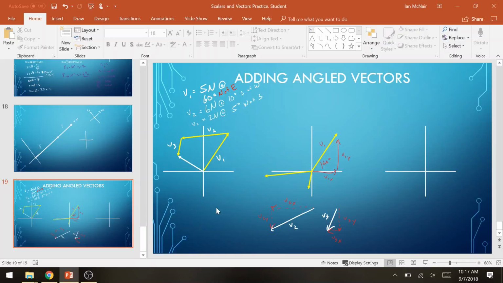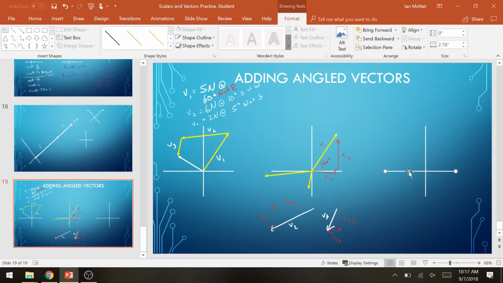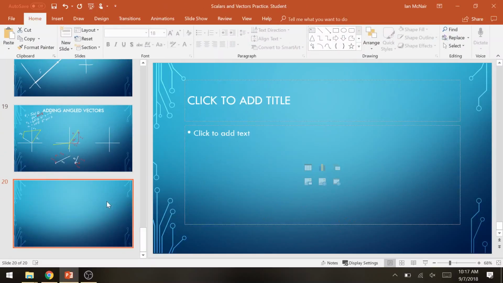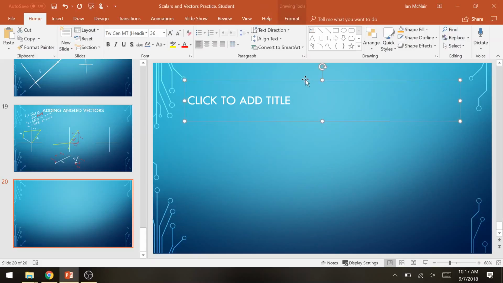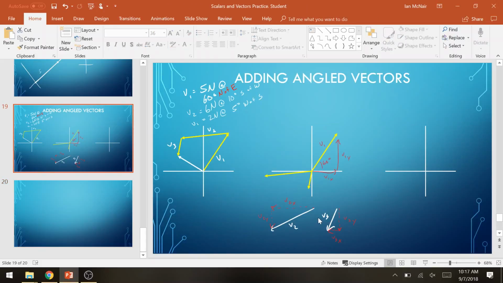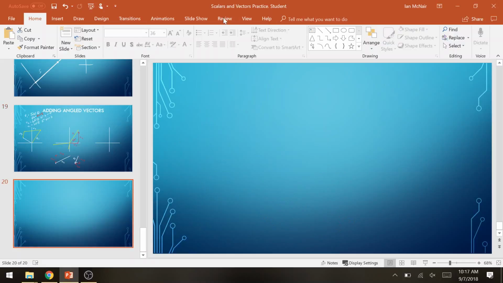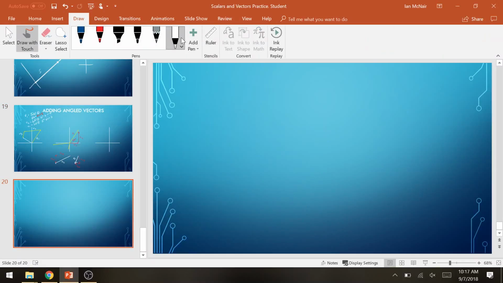Right? Make that chart, which I'm going to move this out of the way. Actually, we'll do the chart on the next one. Right, so we have all these. We have vector 1, 2, and 3, and then we want to make a resultant R. So we draw vector 1, vector 2, vector 3, and then we have R, which is our resultant.